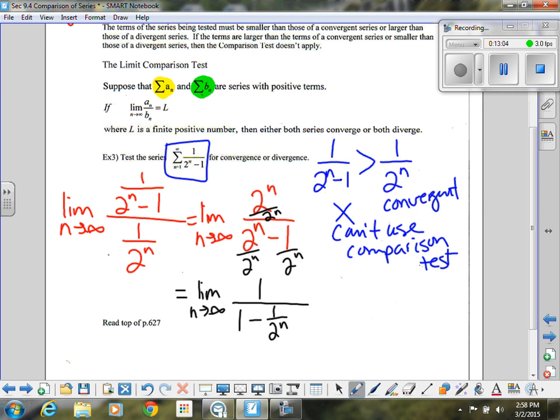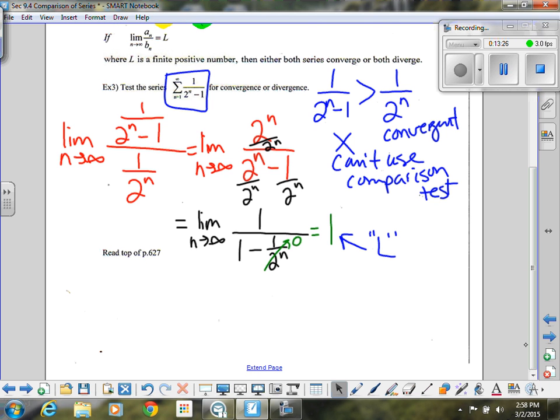If I do the limit as n approaches infinity, this part right here goes to 0, and then I'm just left with 1. So again, this is my L. As long as I get some number, then I know both of these series are going to do the same thing.